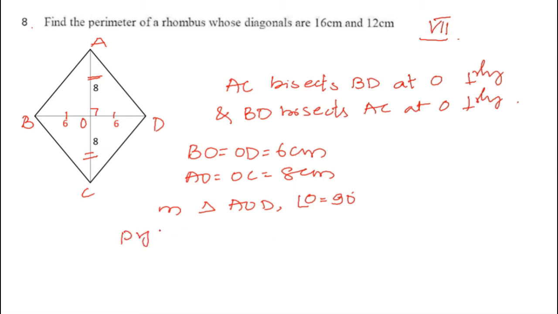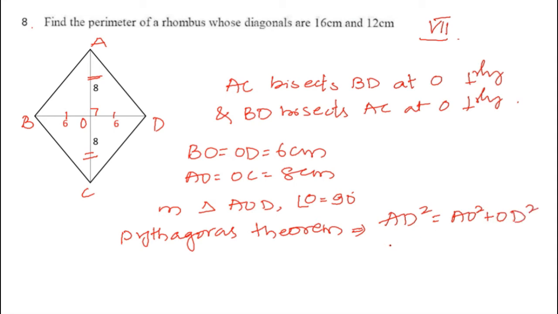Most of you have written a different answer. This is the right answer. So by using Pythagoras theorem, we have AD square equal to AO square plus OD square. So AD square will be equal to 8 square plus 6 square.